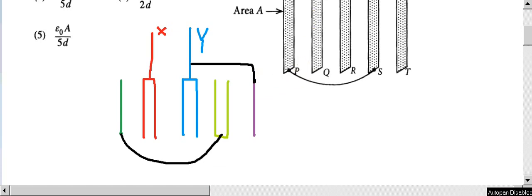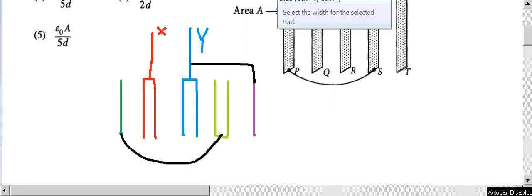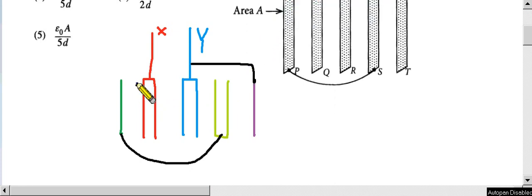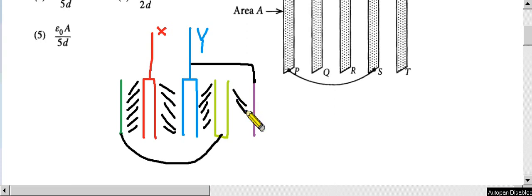So let us see now what the condensers are. Between these plates there is the dielectric, so it is a condenser. Here it is a condenser. Here there is a condenser. Then this one is also a condenser. But you can't fill these plates because this area is inside the metal plate. Inside a metal plate there are no charges, so it is not a condenser.